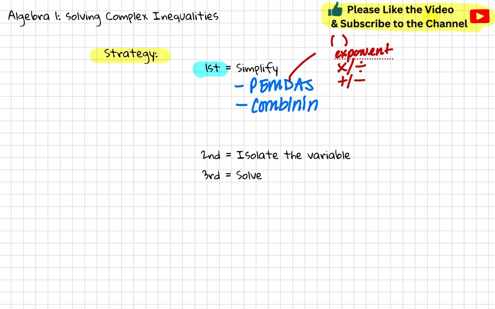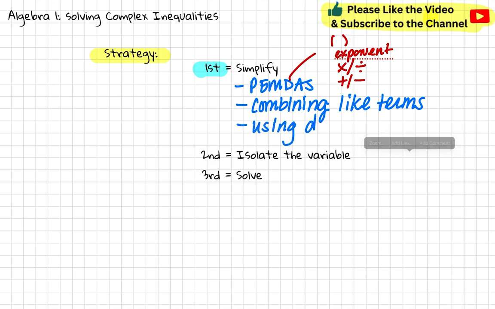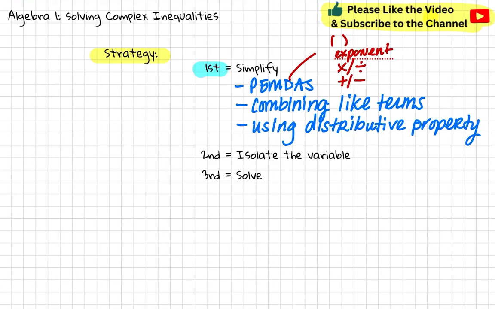Sometimes in more complex inequalities, it will be something that is long and drawn out, and it'll seem overwhelming. So if we can combine any like terms, that's going to help us in getting to the answer quicker. And then also something that we can use to simplify is using the distributive property, which also involves parentheses most of the time.